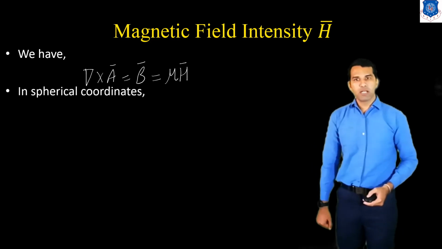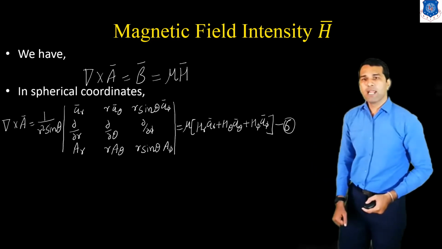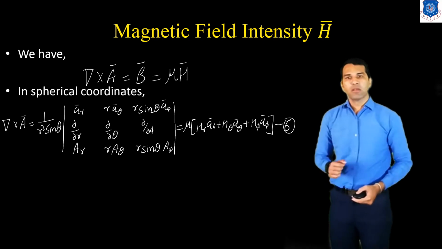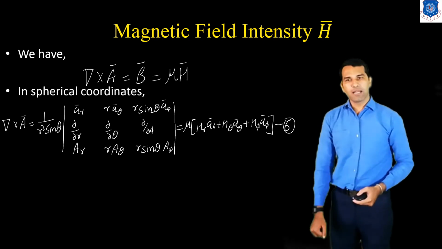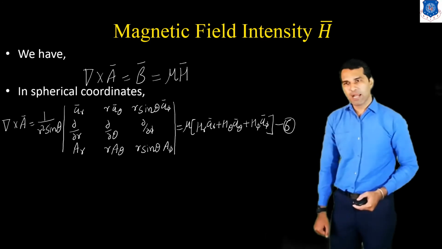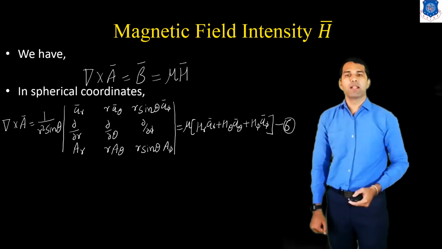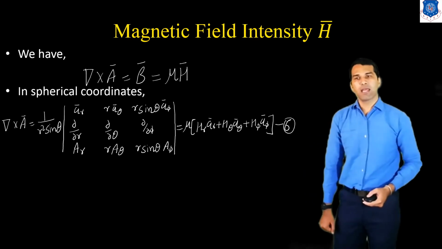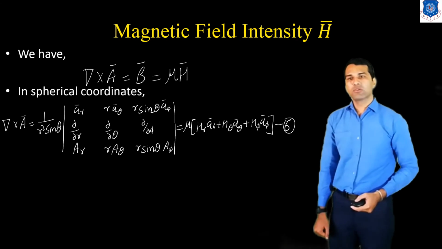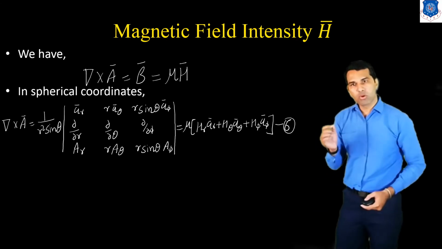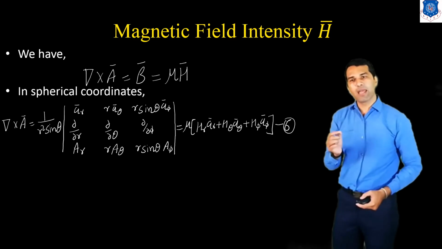In the spherical coordinate system, del cross A is equal to 1 upon r square sine theta times the determinant with rows: a_r, r a_theta, r sine theta a_phi; del by del r, del by del theta, del by del phi; A_r, r A_theta, r sine theta A_phi, and it is equal to nu times H, where we divide H into the coordinate system components r, theta and phi.